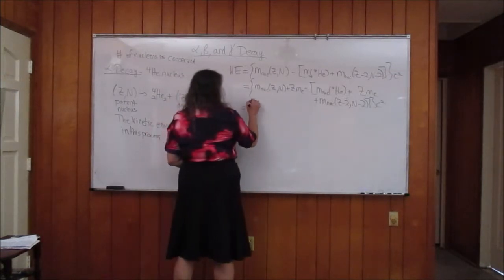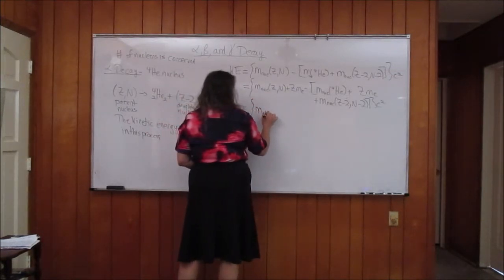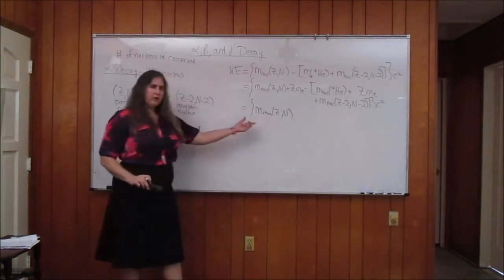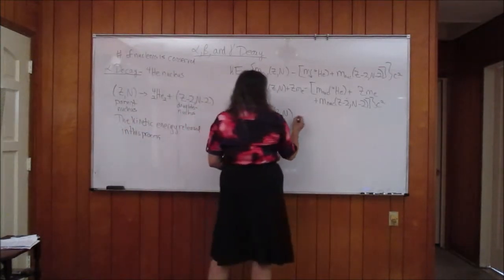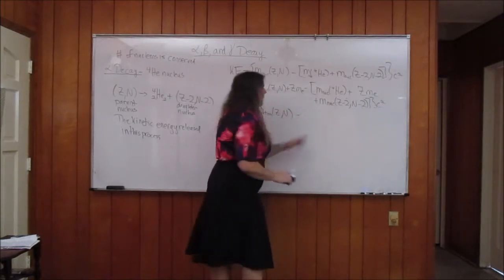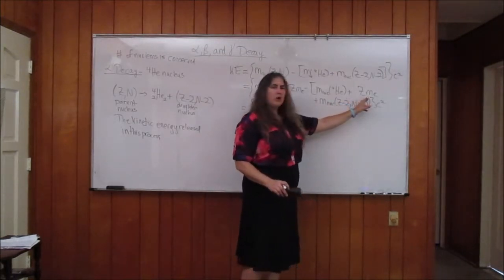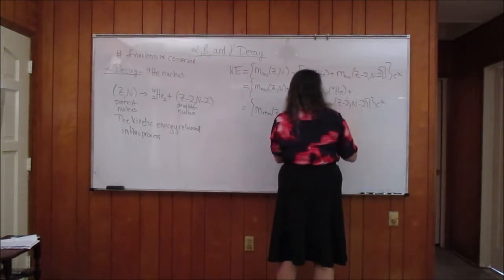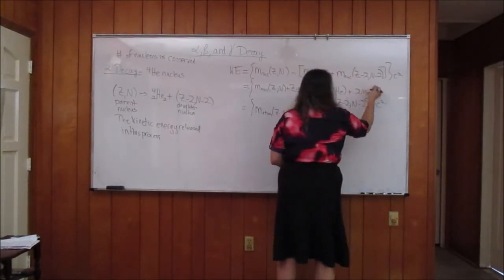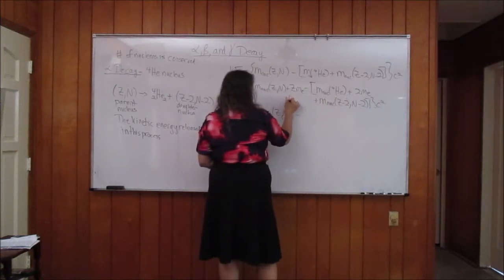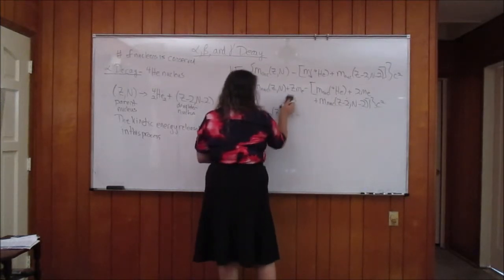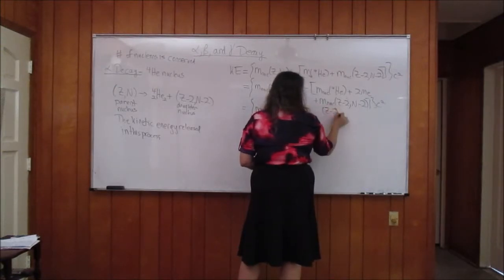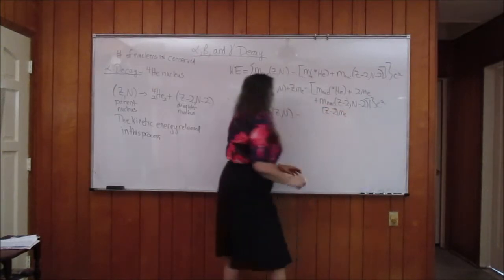So therefore, this is the atomic mass of the parent atom, minus, and here we can break this into two parts: 2 m_e and (Z minus 2) m_e.